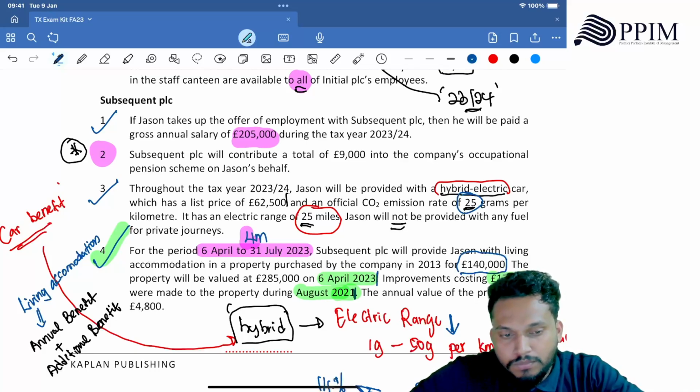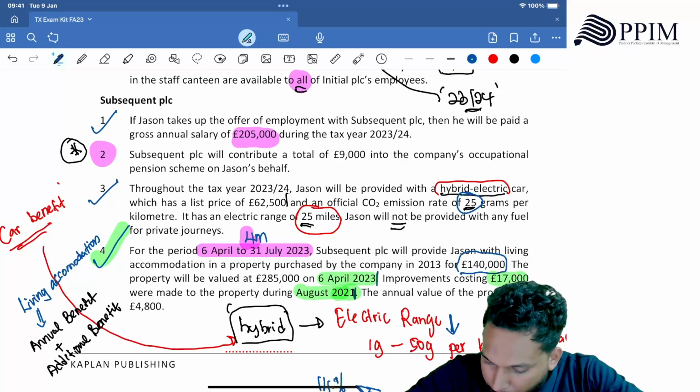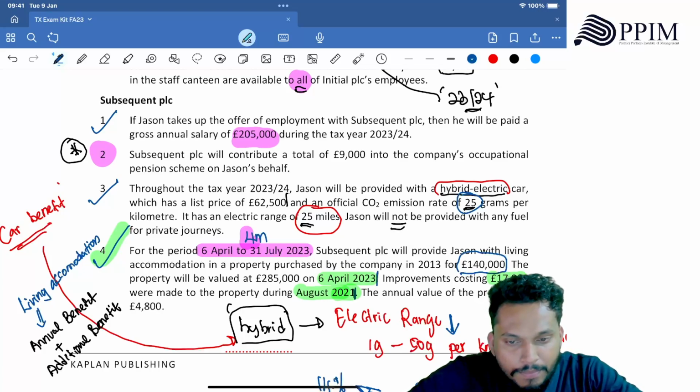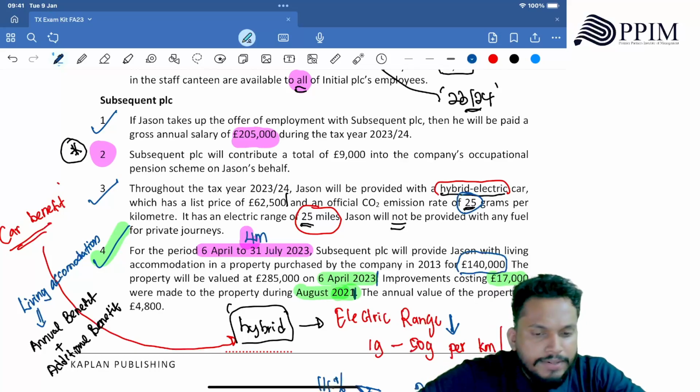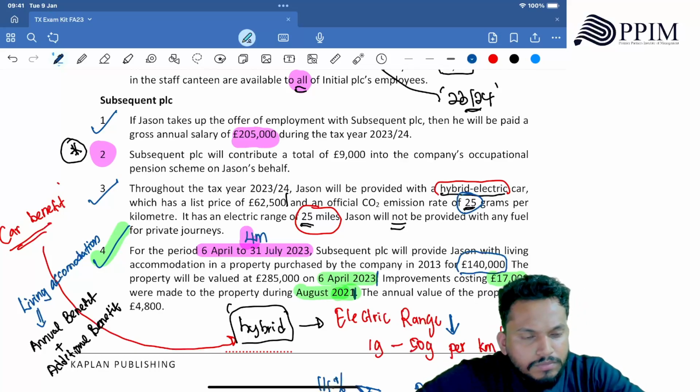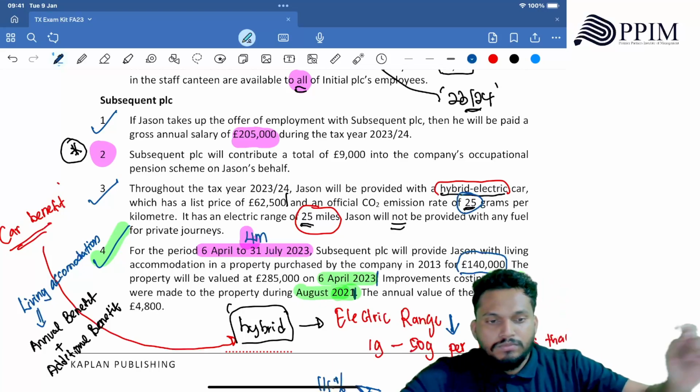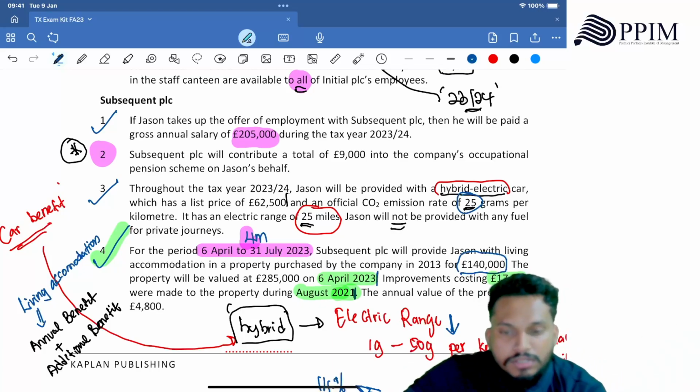It's paid by the company separately. The company is paying. Yeah, it is already deducted. Why is it already deducted? Before getting the gross annual salary, it is already deducted.